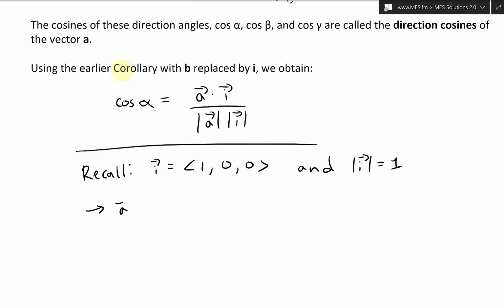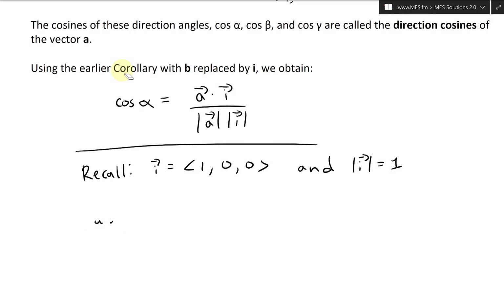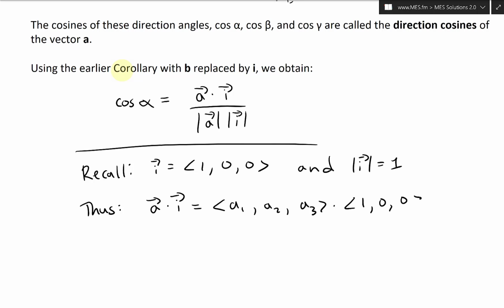Thus, A dot I is equal to A1, A2, A3 dot 1, 0, 0.